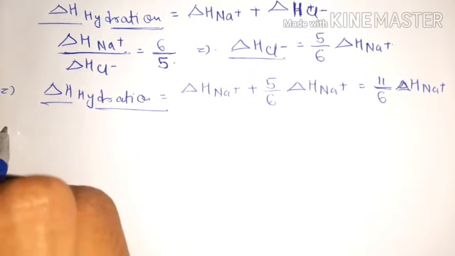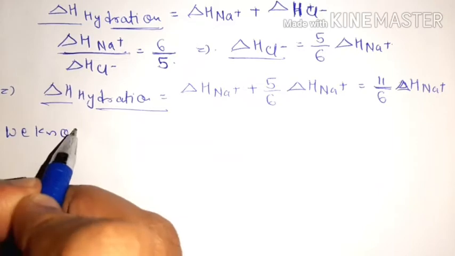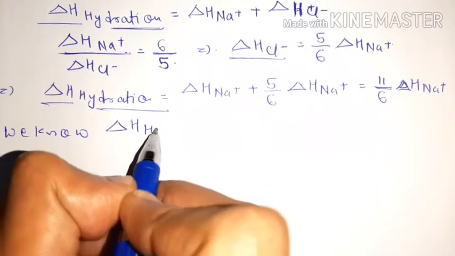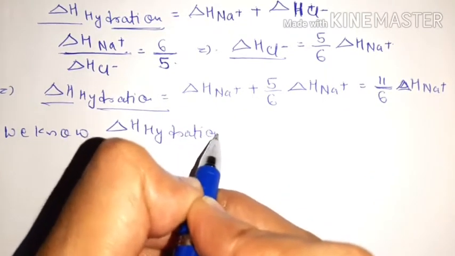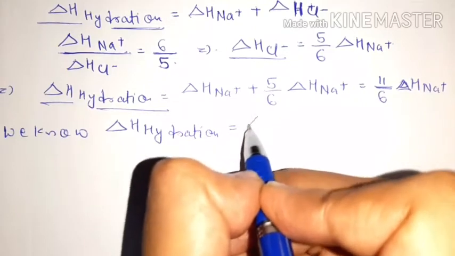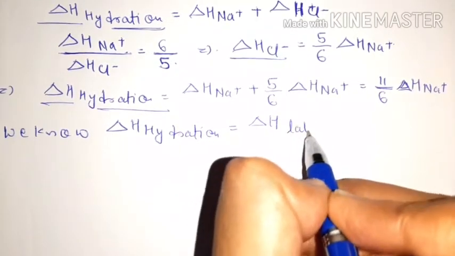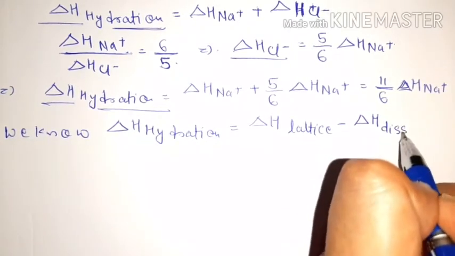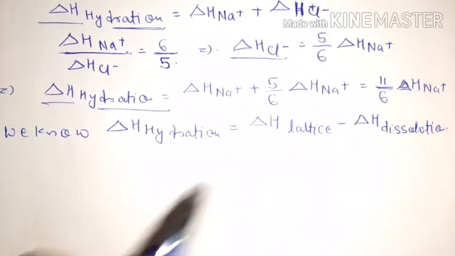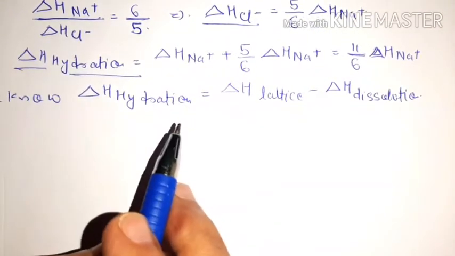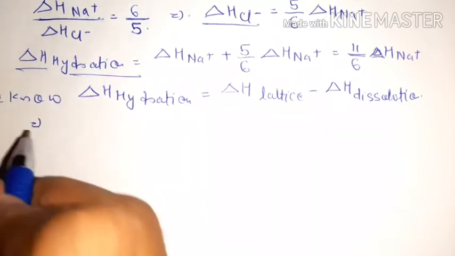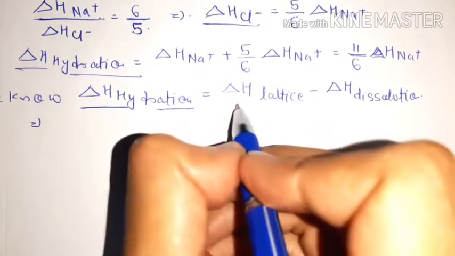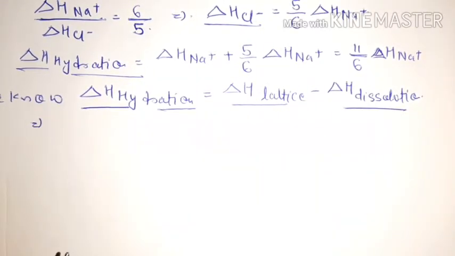And we know friends that for any salt, the enthalpy of hydration is the difference of its lattice enthalpy and its dissolution enthalpy. Delta H hydration is equal to this. In the question we have delta H lattice and delta H dissolution; we have all three values.